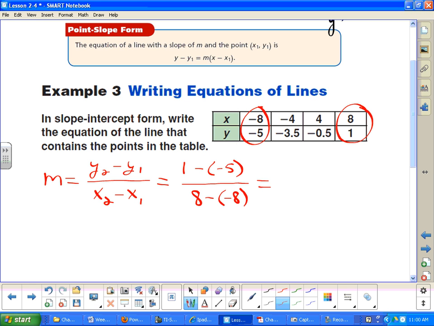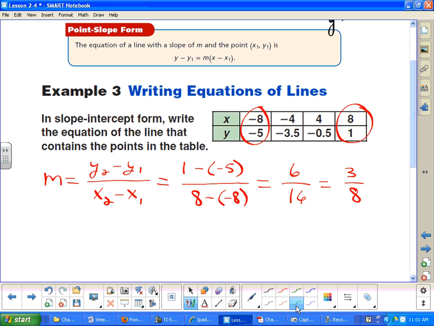So when I find the slope here, we get 1 plus 5 is 6, and 8 plus 8 is 16. So then I will reduce that to 3 over 8. So there's our slope of our line.